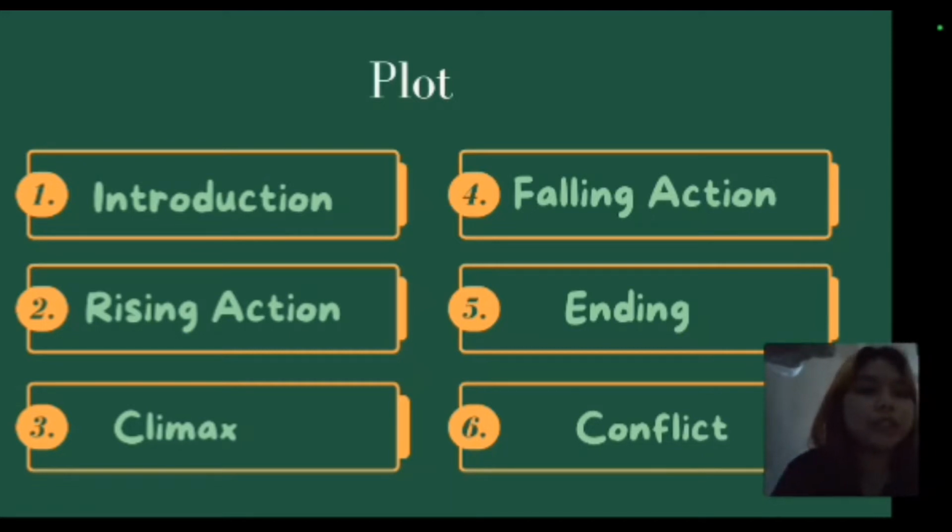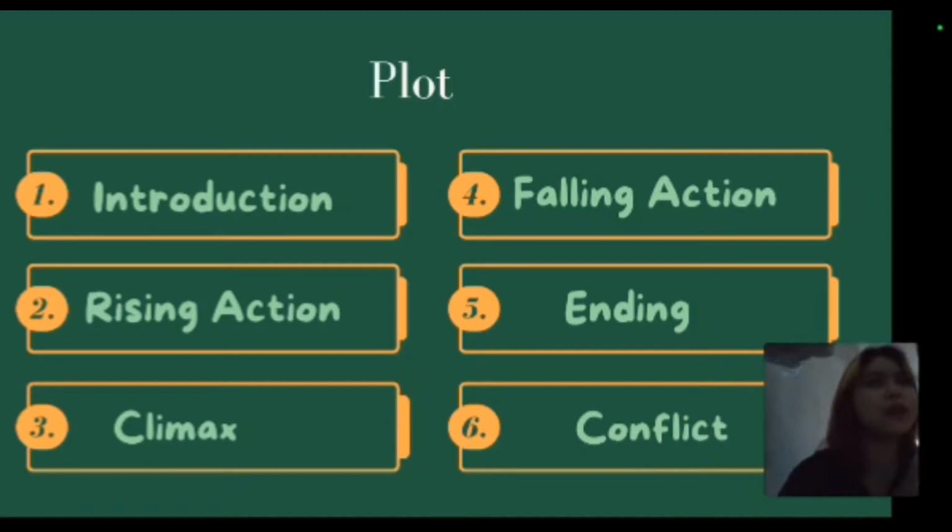It is important to analyze the plot first in order for us to know the purpose of the story. What does the story tell according to its plot, according to its elements?